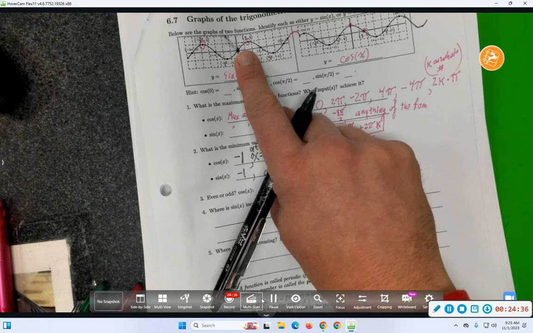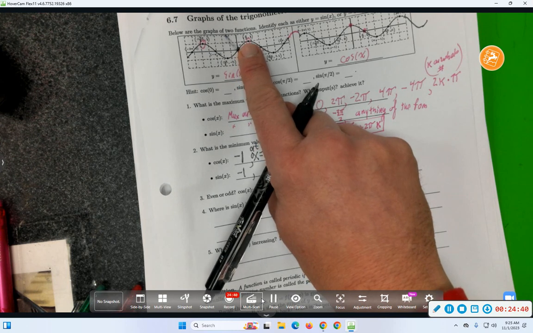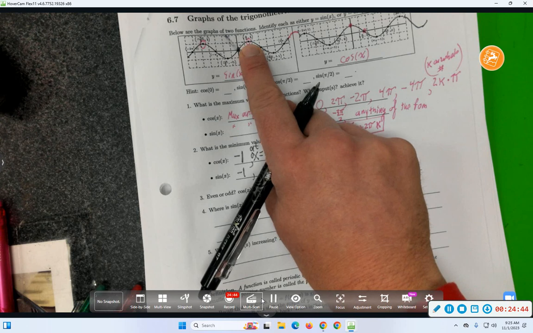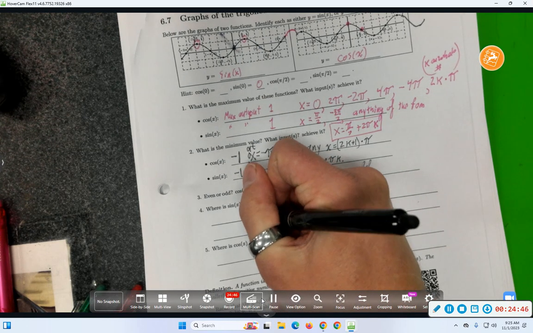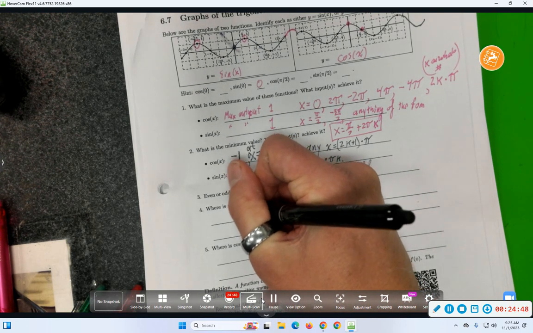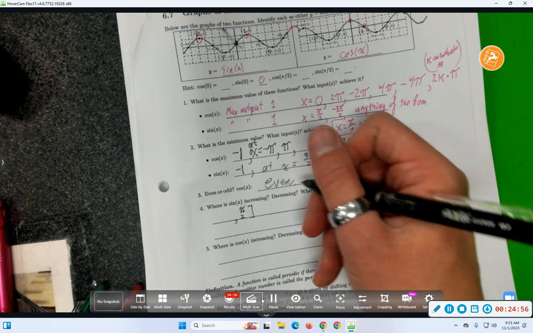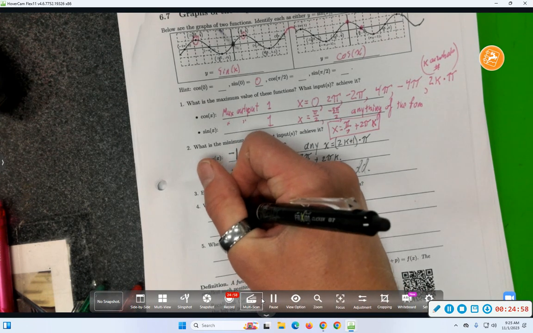How long until it stops increasing if you start at 0? Pi over 2. So it's increasing until pi over 2. What's the left endpoint of that interval? Yeah, negative pi over 2.